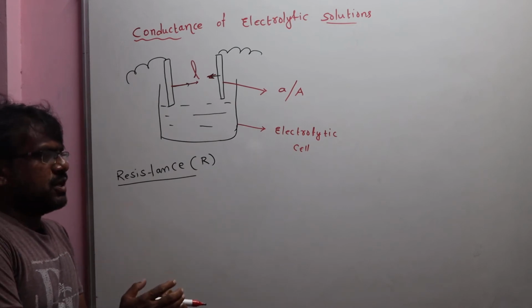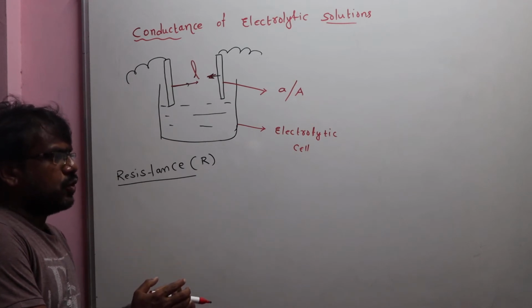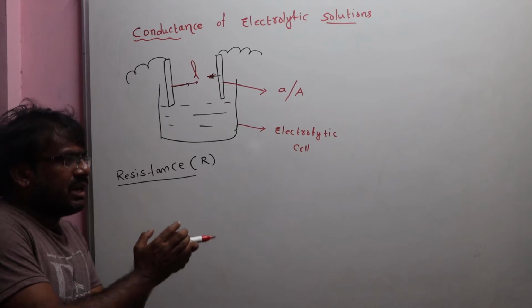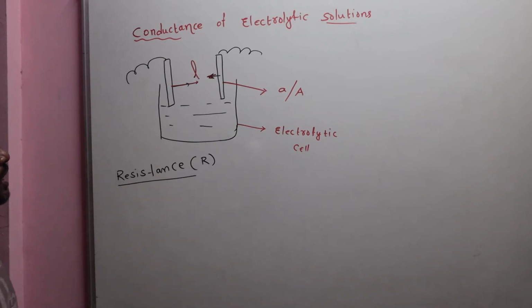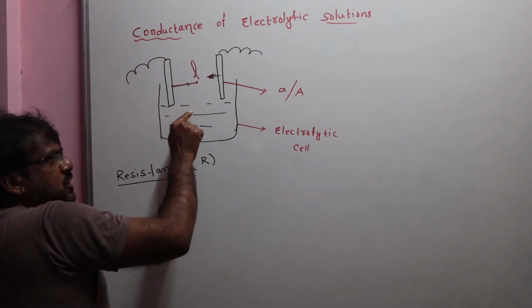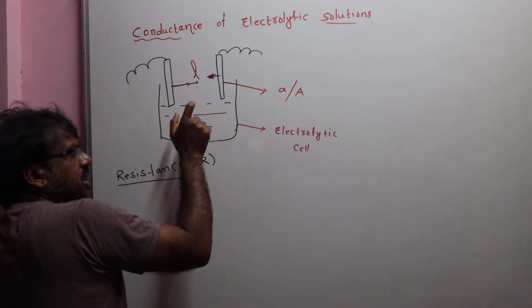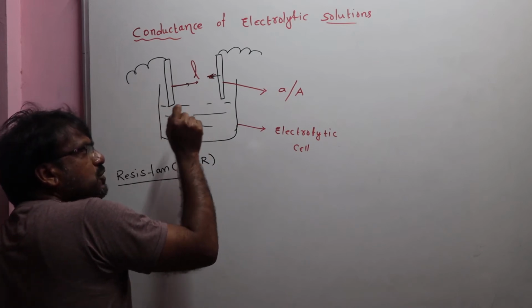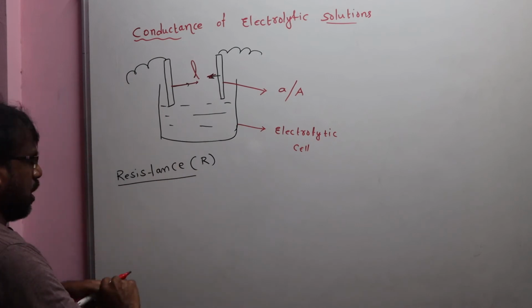The opposing force present in an electrolytic solution to the flow of electric current is known as resistance. Some opposing force is developed in the electrolytic solution because of interactions. That opposing force is known as resistance R.